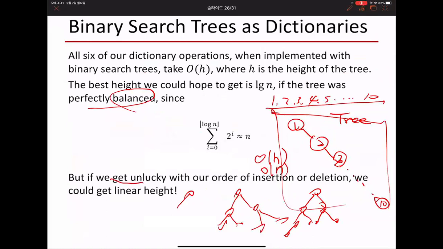So when it's unlucky, like this we talked about, the height h is a function of n.